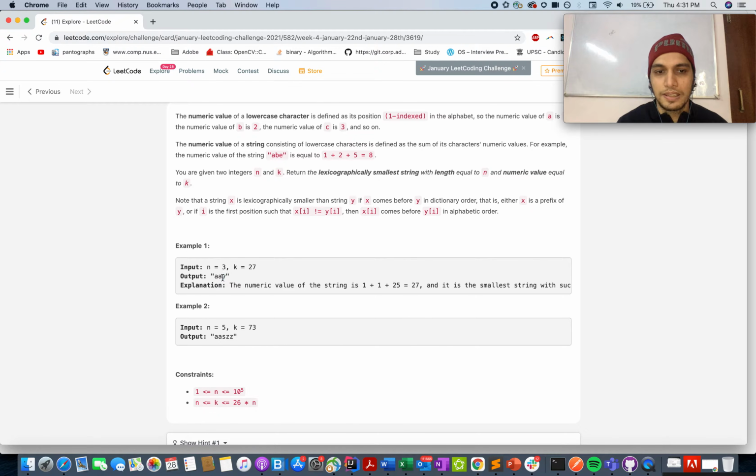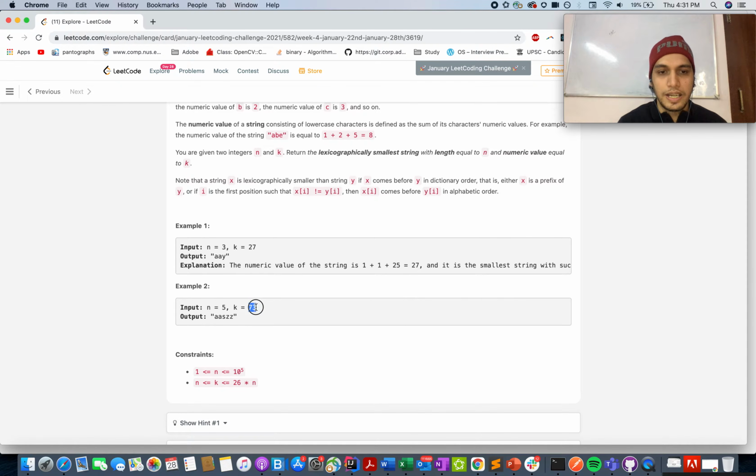So 25 plus 1 plus 1 gives us 27, and the length of the word is 3. Let's talk about 73, where the number of characters in the string should be 5. So a, s, z, z, z.